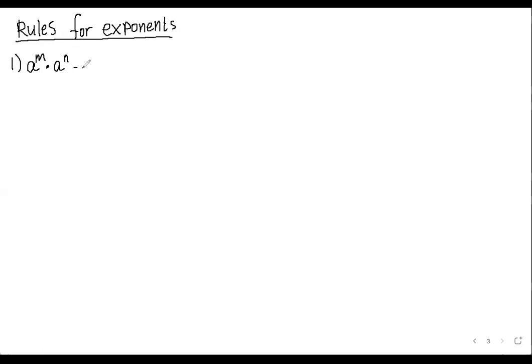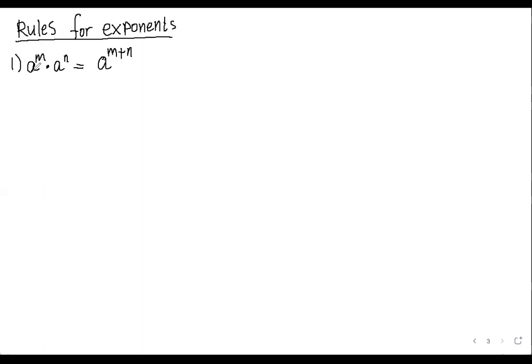Next slide. I give you some rules for the exponents. The first rule, number 1: if I have a to the m times a to the n, this is equal to a to the sum of the exponents.